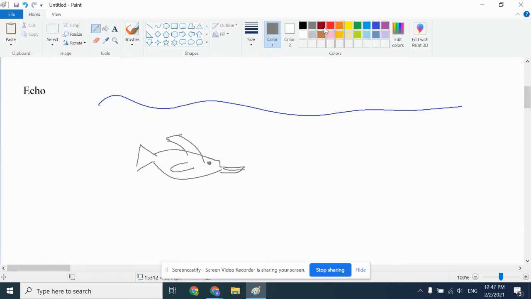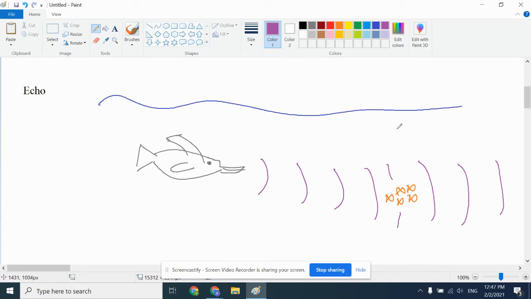Here's our dolphin, and he's hunting for some fish, so put some goldfish in the water for him to go find and eat. Now, the dolphin uses echolocation. It has a much more complex auditory system in its brain, which allows it to basically use sound in a similar way that we use sight.